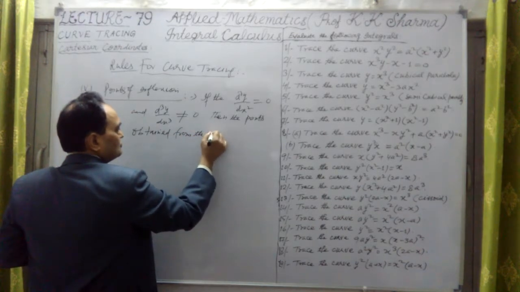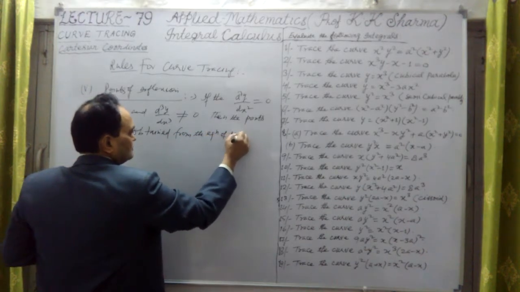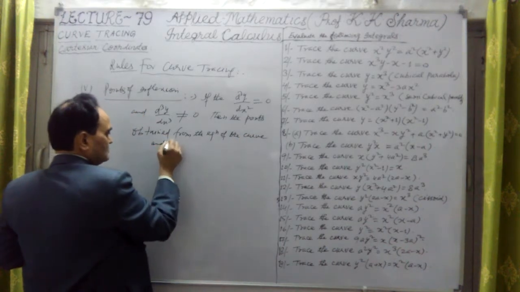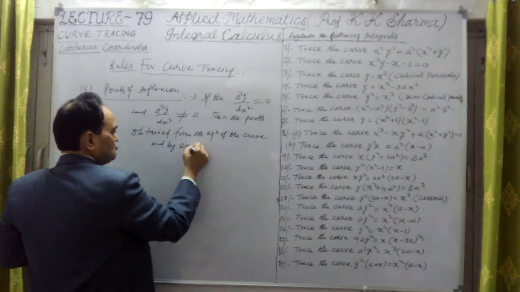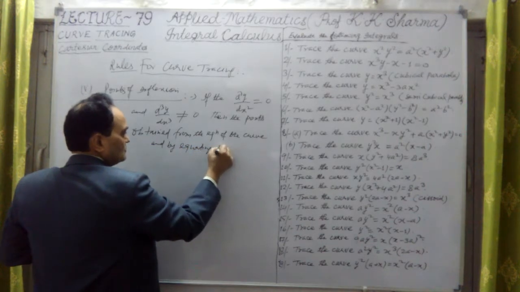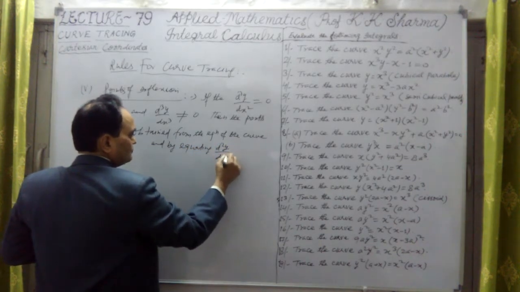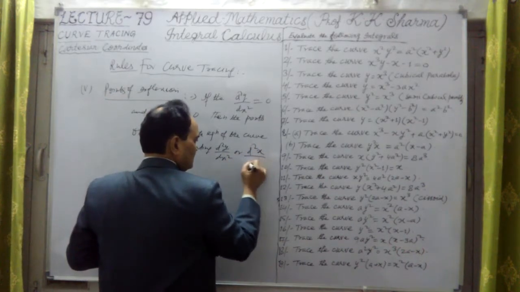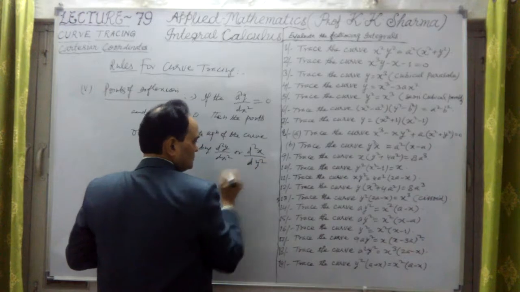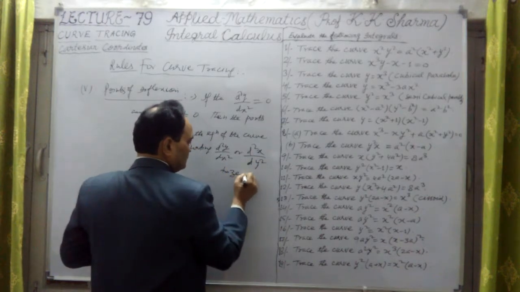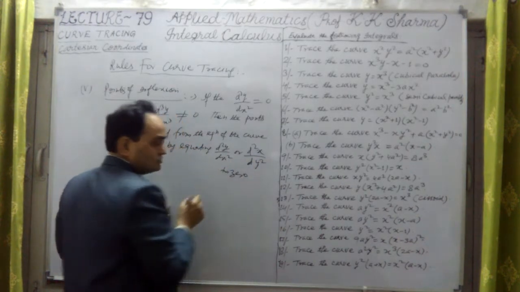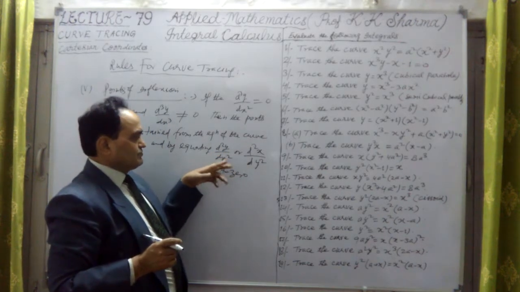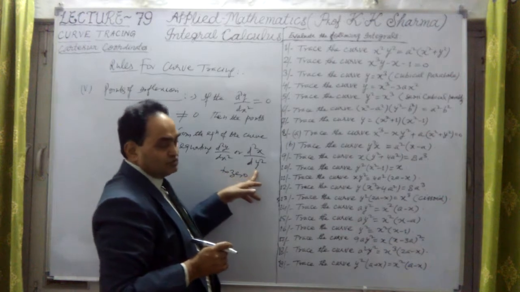from the equation of the curve by equating d square y upon dx square, or d square x upon dy square, to 0. So the points will be obtained by equating this double derivative with respect to x or with respect to y to 0.